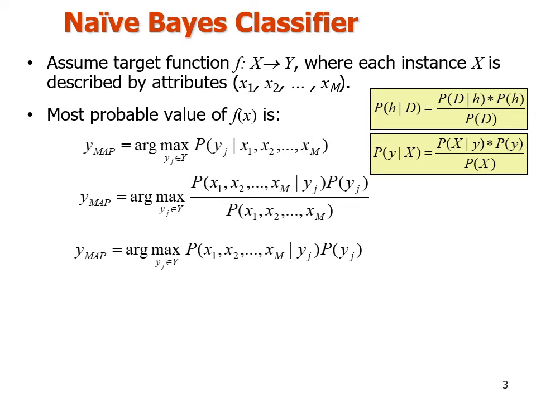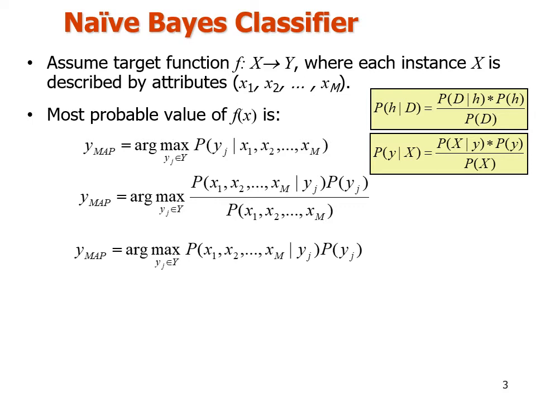However, estimating the probabilities for x1, x2 up to xm given yj is not feasible unless we have a very large set of training data.